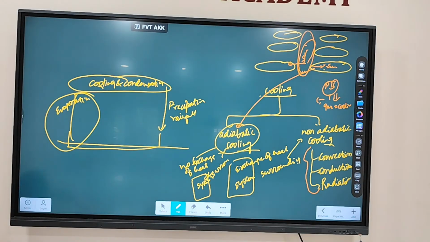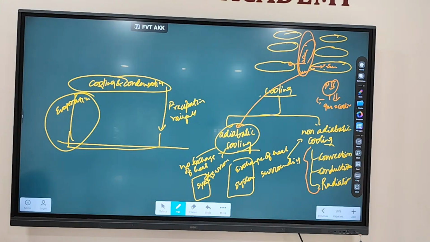More gases present means more weight, more pressure we feel. As we go up, less gases are present, so less weight we feel. Pressure is declining because less gases are present.